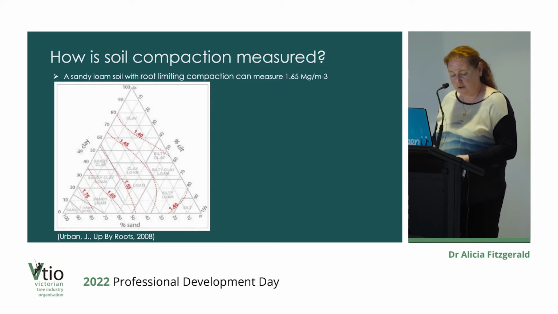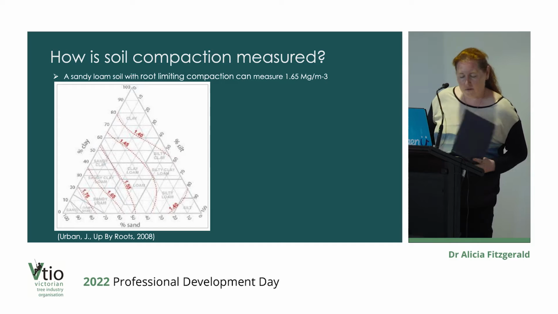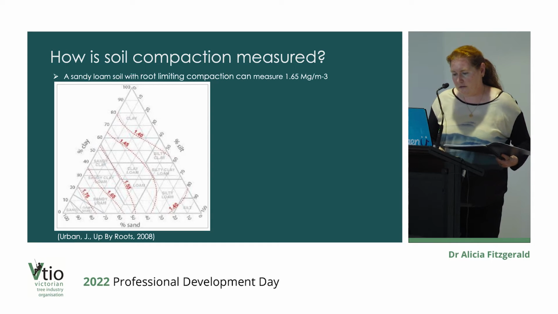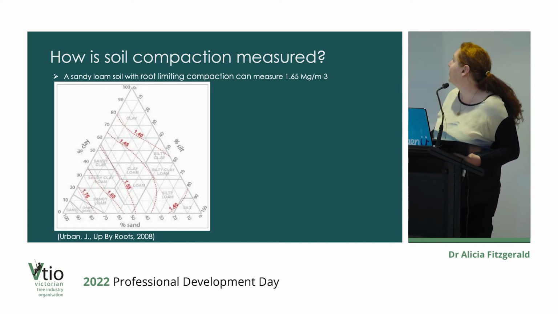This diagram shows in red the root limiting bulk density readings depending on soil type. So a sandy loam here is around 1.65.